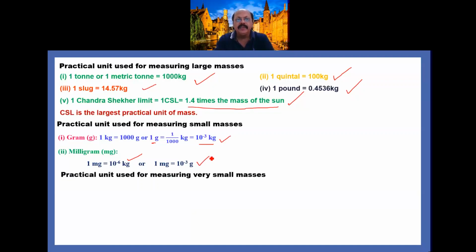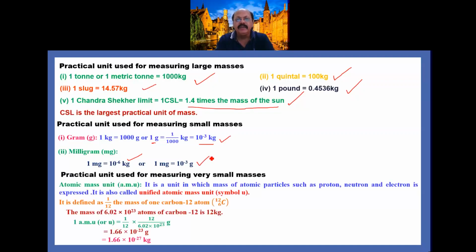Now the practical unit used for measuring very small masses, that is the atomic mass unit. So we have to define the atomic mass unit. It is a unit in which the mass of atomic particles such as proton, neutron and electron is expressed, and it is also called the unified atomic mass unit, represented by the symbol small u.